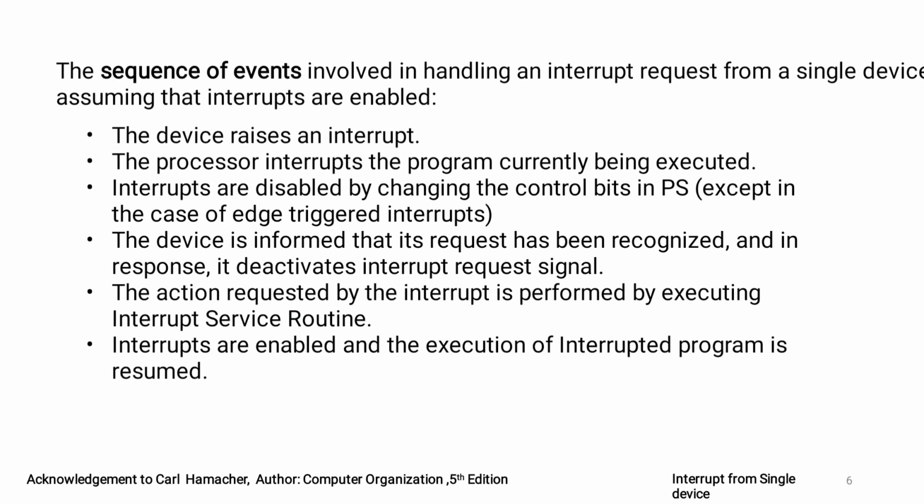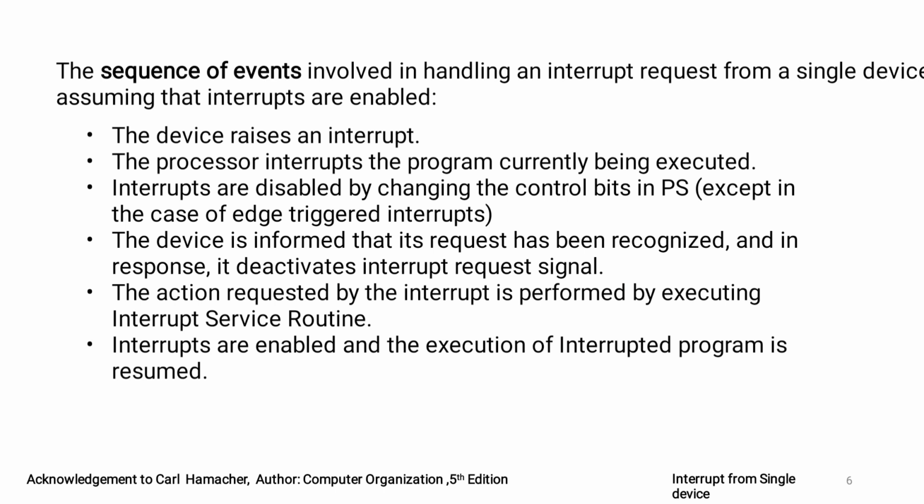Next we shall see the sequence of events involved in handling an interrupt request from a single device. Assume that device interrupts are enabled, the EI bit in the processor register is 1, so any device can interrupt now. Then a single device is requesting the processor.